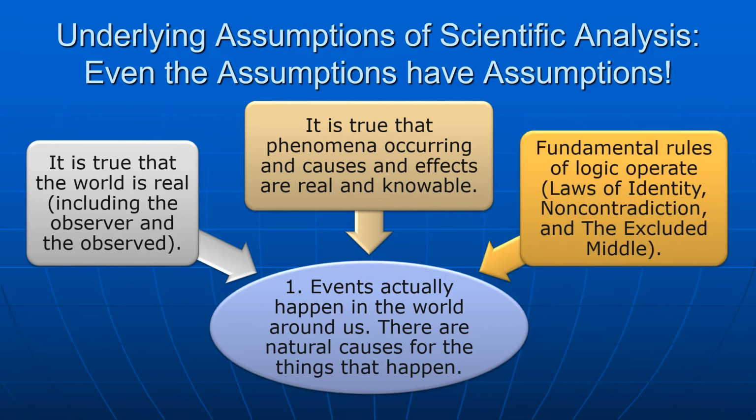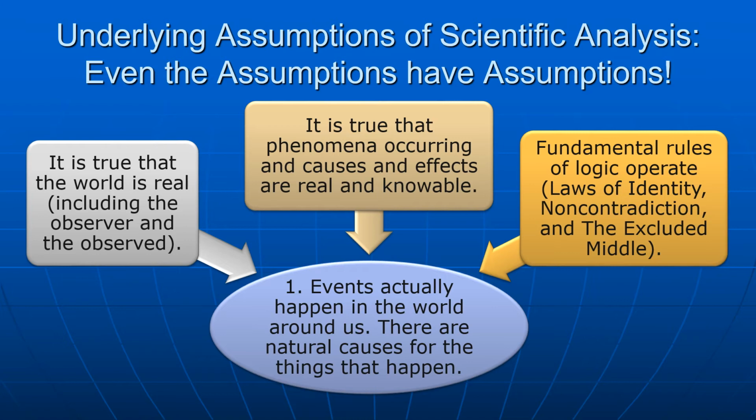And then finally, if you've taken an introduction to philosophy class, you're familiar with the fundamental rules of logic: the laws of identity, non-contradiction, and the excluded middle. In order for the first assumption of scientific analysis to be true, you have to assume or be convinced that the fundamental rules of logic actually operate.